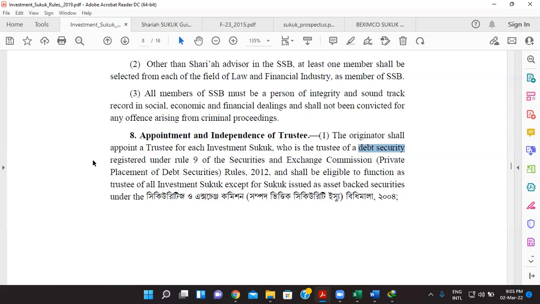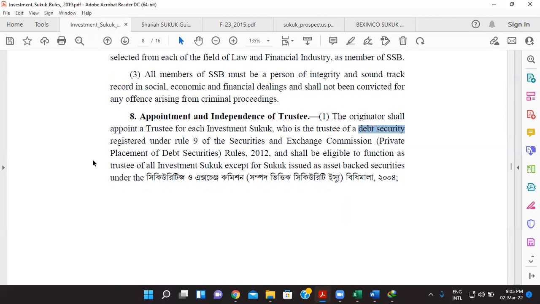Am I clear? Yes, sir. Sukuk security has some components from equity, and some characteristics similar to debt. It is not fully a debt security in practice, and also by its structure. But the law has identified it as a debt security.